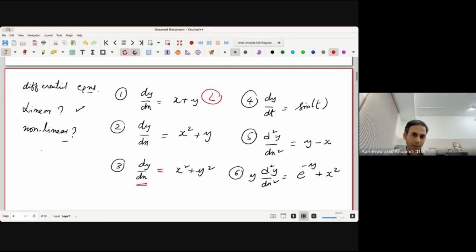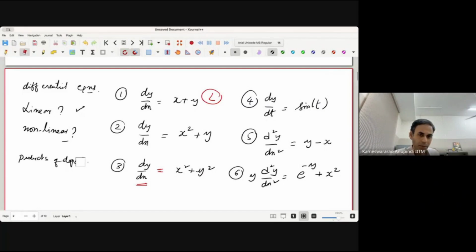So I will tell the kind of rationale. Then you can again guess. If something is a linear equation in a differential equation, then we will not have products of the dependent variables.